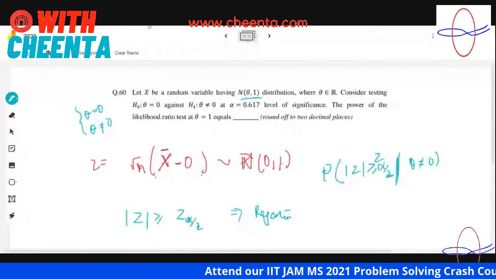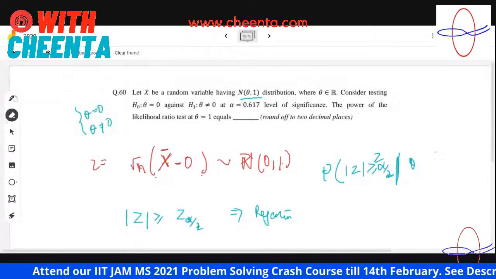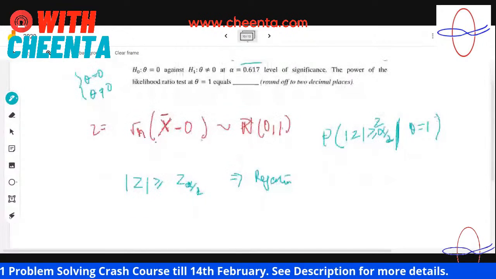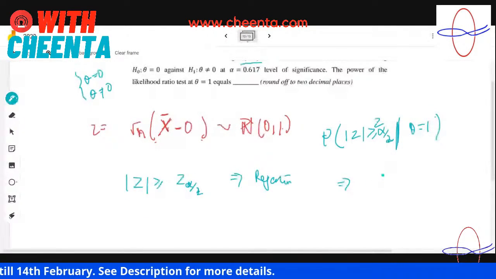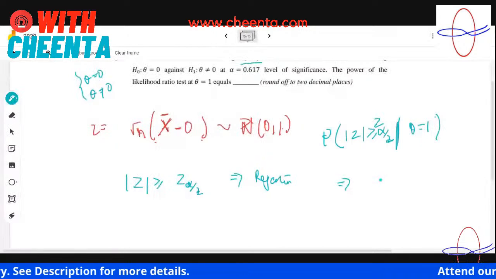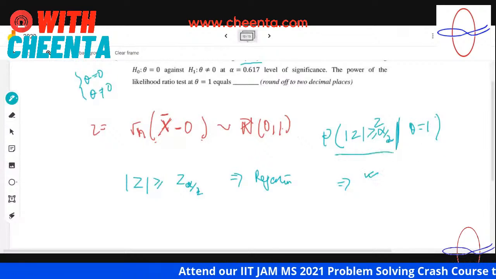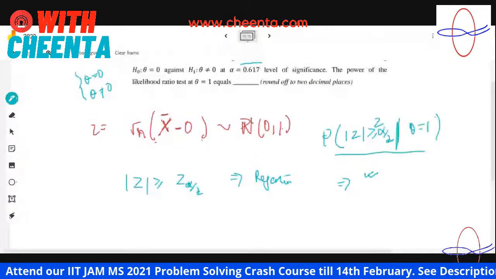So we need to find out at theta equal to 1, right? Theta is equal to 1 is given, therefore we can easily find out how it will happen. So think about it and just calculate this, okay? It's really easy stuff to do. Just calculate this, and let's go back to the earlier problem, guys.